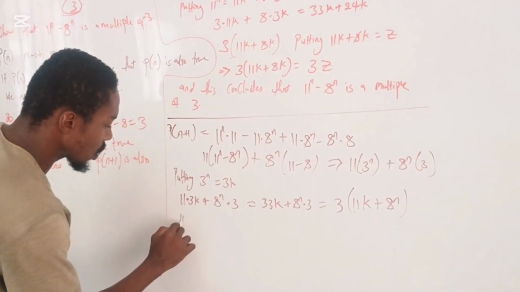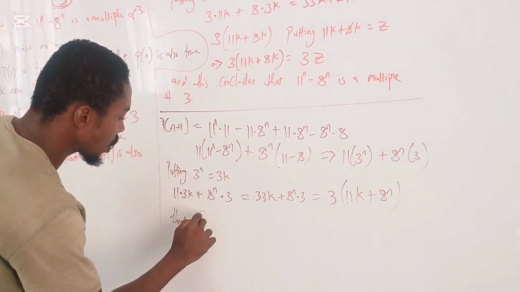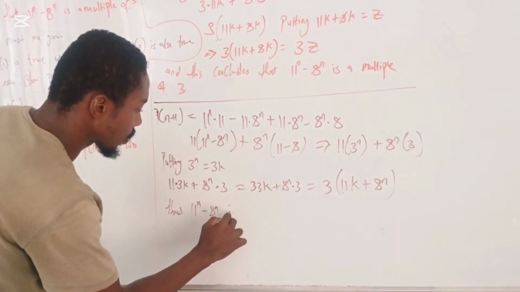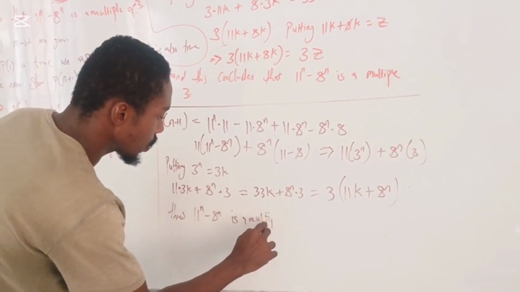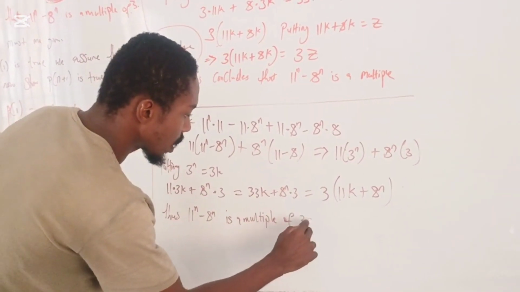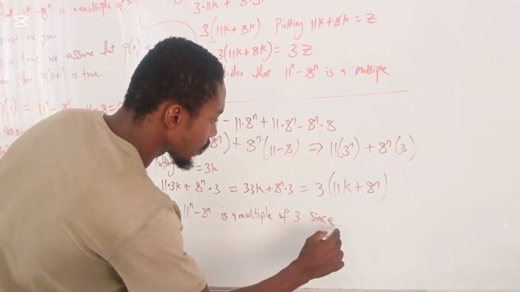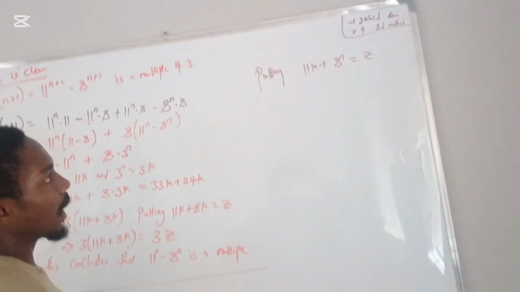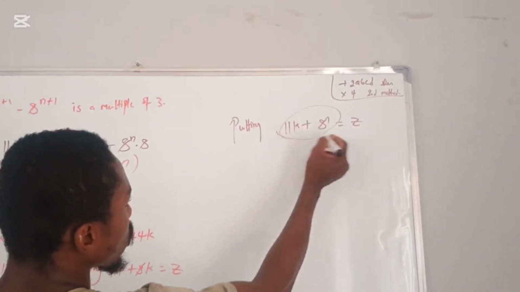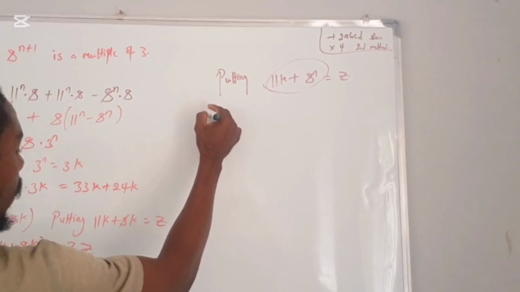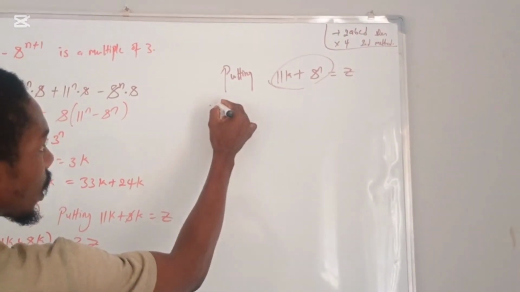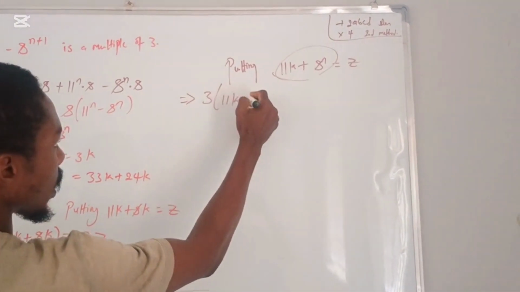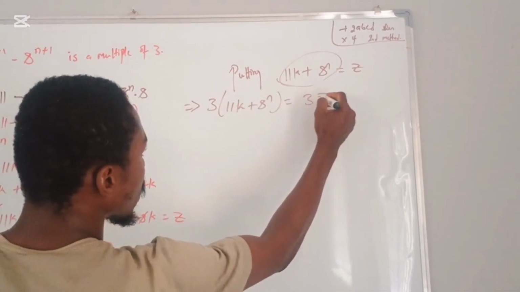Here the textbook says, thus, 11 raised to the power n minus 8 raised to the power n is a multiple of 3, since this is the fact. But I kind of continue from this place, putting this one to be equal to z, I'll now say that 3 into (11k plus 8 raised to the power n) is equal to 3z.